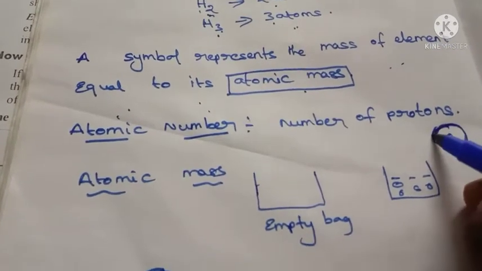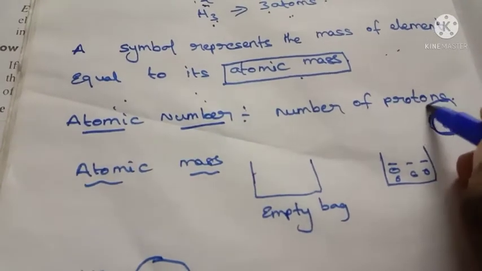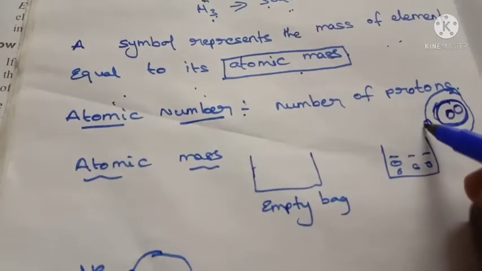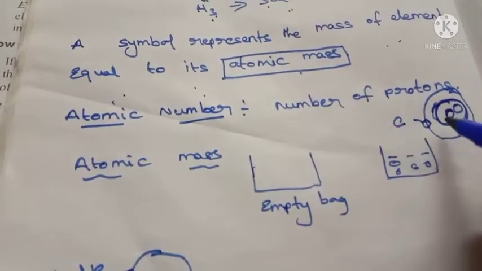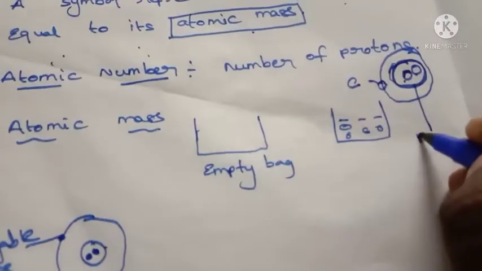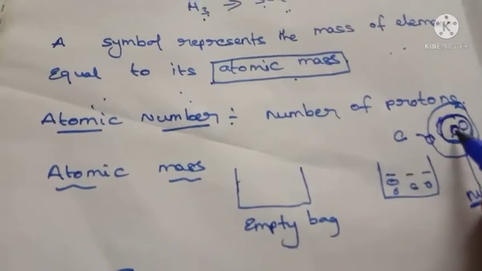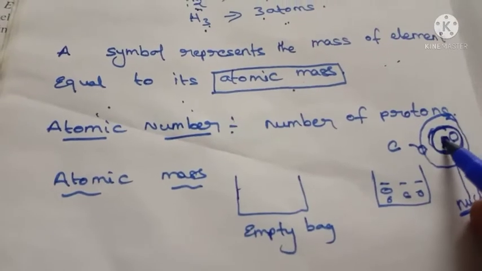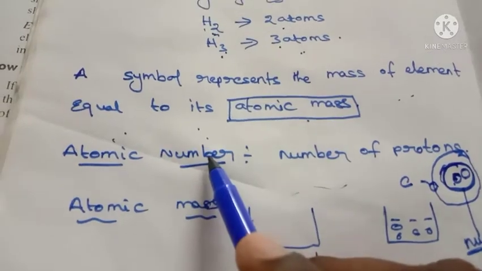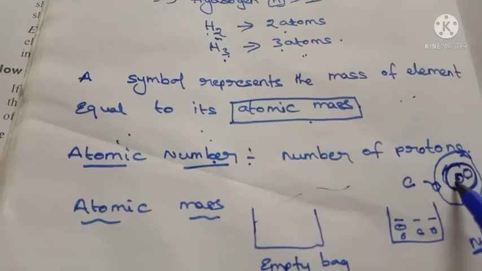In it are protons and neutrons, and in the orbits we have electrons. This is electron, proton, neutron, and this is the nucleus. The number of protons is equal to the atomic number. So if the atomic number is 7, then we have 7 protons.